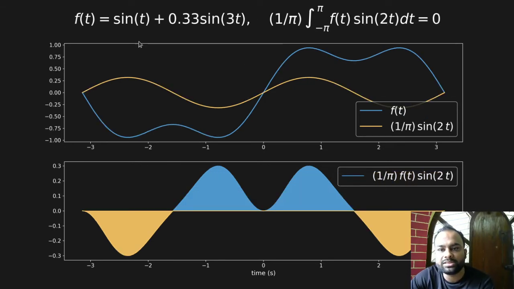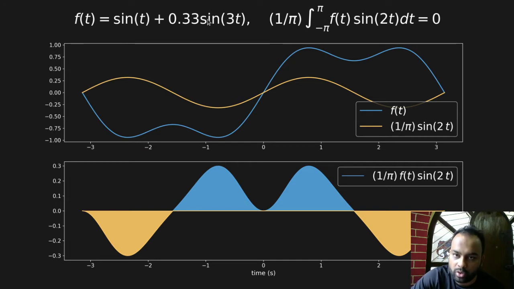In a similar fashion, say again I have a signal which does not have any 2 radian per second component, only a 1 radian per second component of amplitude 1 and a 3 radian per second component of amplitude 0.33, and I want to see what is the amplitude of the 2 radian per second component.